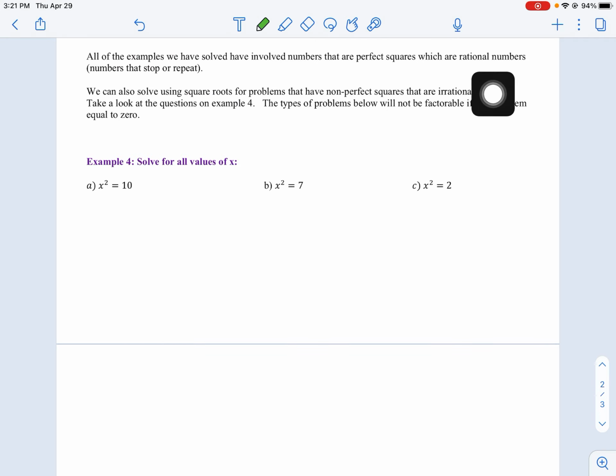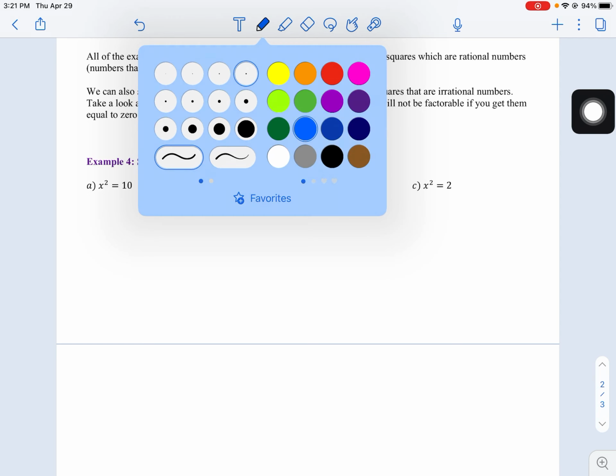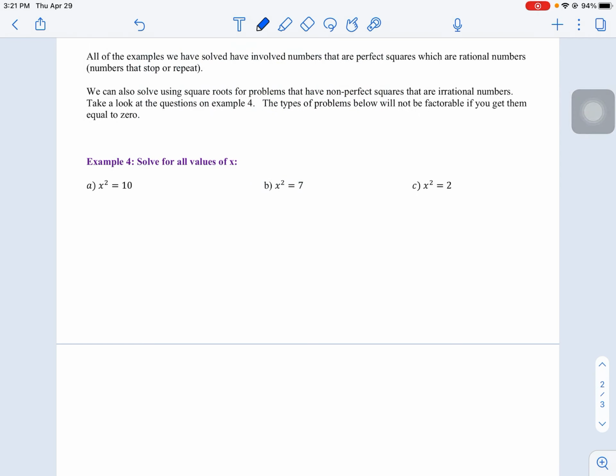Now, all the problems we did had numbers that were perfect squares, so it worked out nicely. You can also do it if it doesn't work out nicely, but kind of just stops halfway. Look, I want to get rid of the square in here, so I take the square root of both sides, because what I do to the left, I must do to the right.